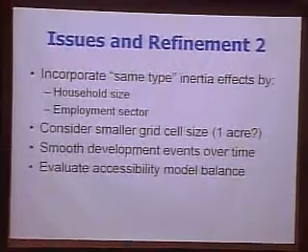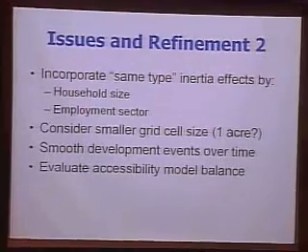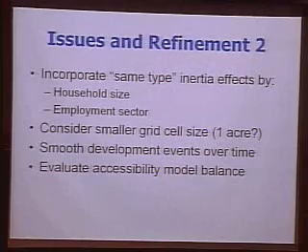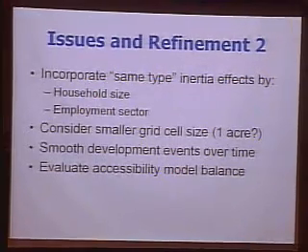Steve Young at the city wants to consider smaller grid cell sizes, maybe as small as 1 acre, which would be about 64 meters squared. And if we're going to include these development events table, we need to smooth those over time. And in general, I want to evaluate the accessibility model and the way that's calculated, and maybe do some adjustment there so you don't get such crazy fluctuations.